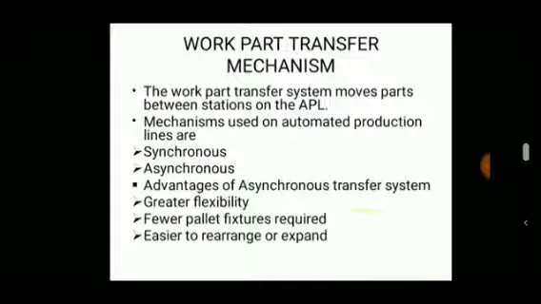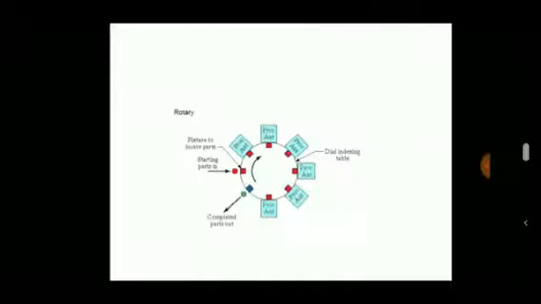There may also be a work part transfer mechanism. The work part transfer mechanism moves the parts between stations on the APL, and the mechanisms used on automated production lines are synchronous and asynchronous. The advantages of the asynchronous are greater flexibility, fewer pallet fixtures are required, and it is easier to rearrange or expand.